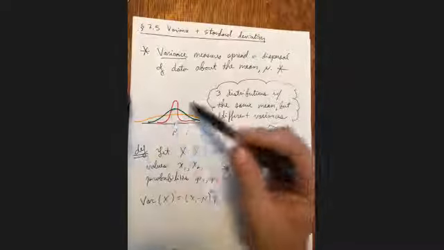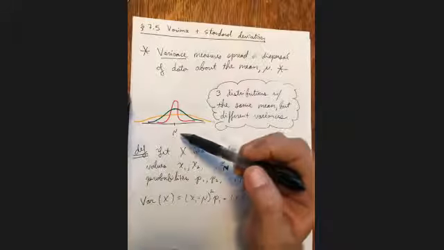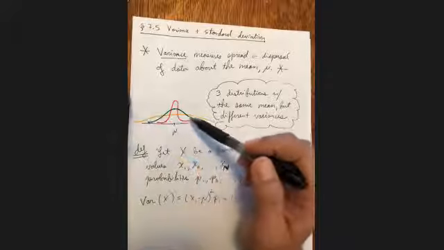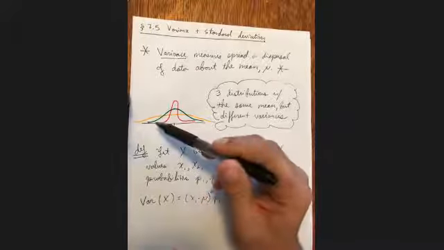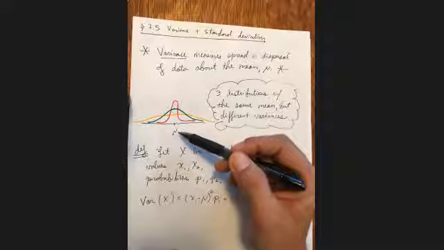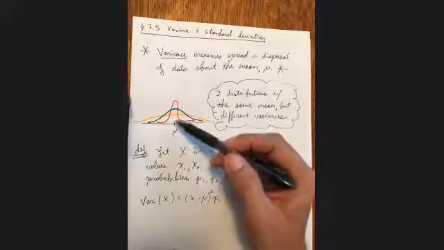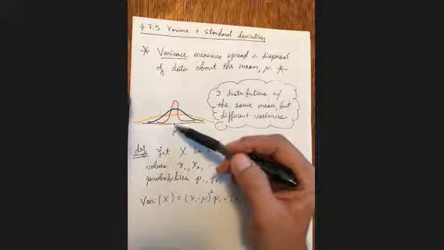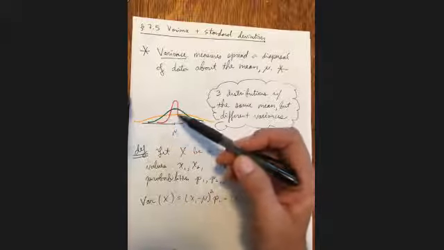So I drew this little picture here just to give you a sense of what I mean by spread. So here you have three different probability distributions: the yellow, the green, and the red. And all three of them have the same mean, mu. Remember, this is the Greek letter mu, which stands for mean. So they all have the same mean, but they have dramatically different shapes.